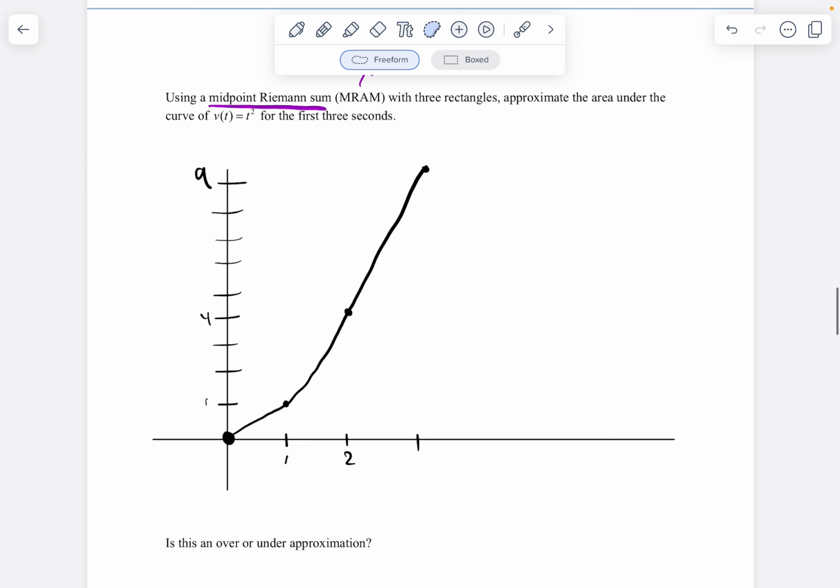So now my rectangles, the middle point, so what I mean by that is this point needs to be touching the curve as it goes through, right? That's why it's the midpoint Riemann method. So my rectangles here are going to be here. It's going to be in between here.